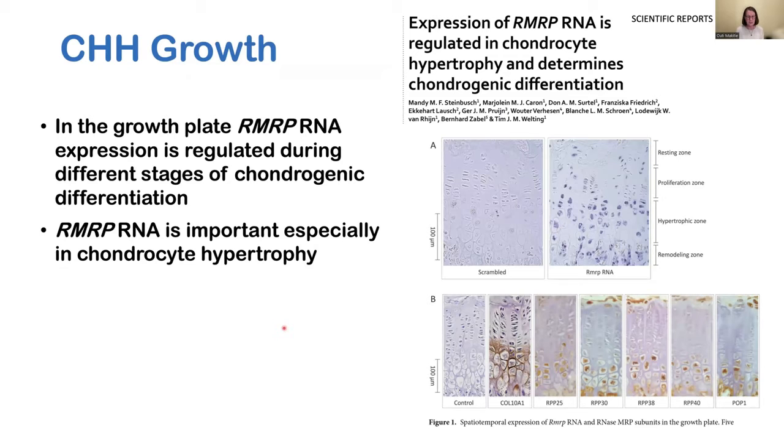And this is a more recent study in mice, studying the expression of this RMRP RNA and also the protein components of this RNase MRP complex, and they were able to show that they are expressed especially in the hypertrophic chondrocytes in the growth plate.